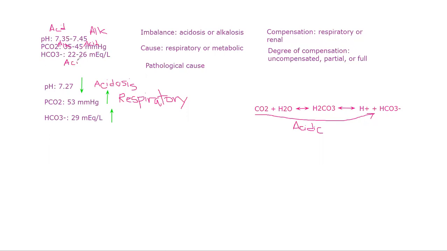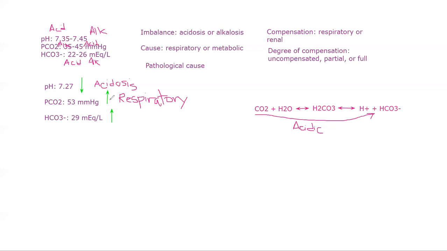So you'll notice that low pH is acidic, low bicarbonate is acidic, high pH is alkalotic, high bicarbonate is alkalotic, but low PCO2 is alkalotic, high PCO2 is acidic.